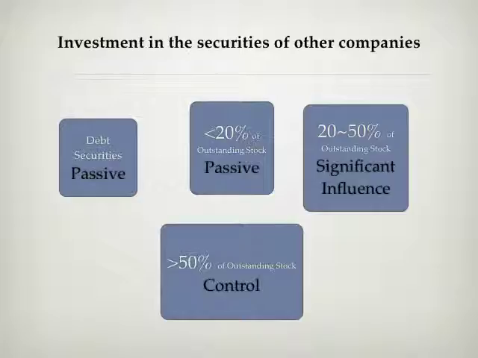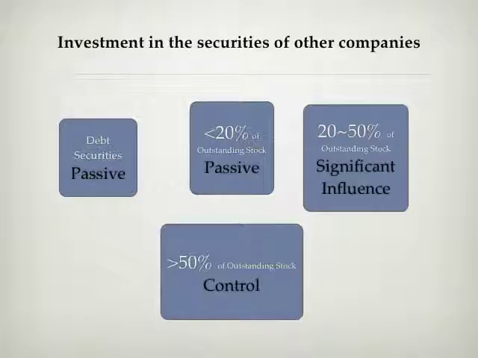This range between 20 to 50% we usually call significant influence. So remember, 20% to 50%. Any number within this range we call significant influence.